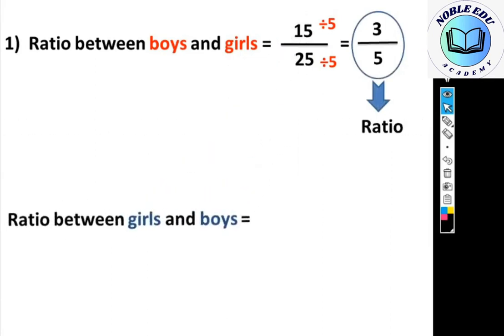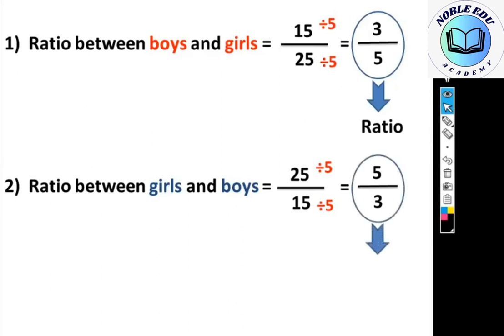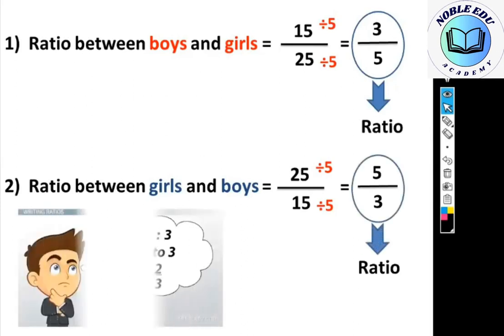But if you have the ratio between the number of girls and the number of boys, which is first? The number of girls is 25 up, and the number of boys is what? 15 down. Dividing up and down by 5, the ratio will be 5 over 3. So 5 over 3 is the ratio between the number of girls and the number of boys.